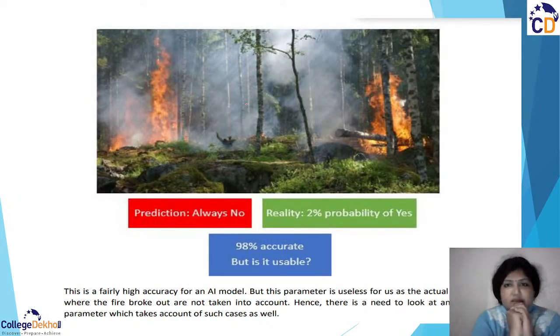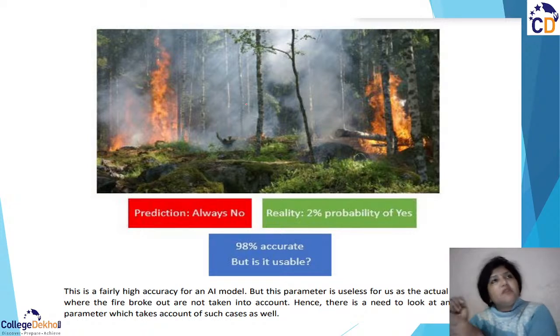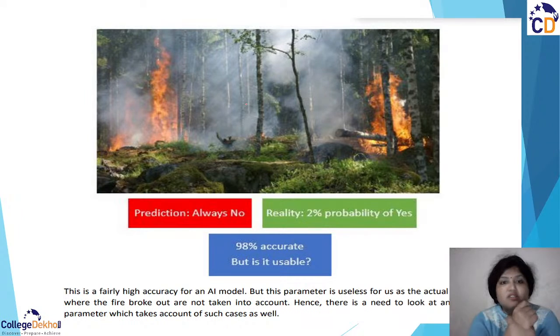Let us take an example. Prediction is always no, and in reality there is a 2% probability of yes. Accuracy is 98%, right? But is it usable? Let us see. This is fairly high accuracy for an AI model, and we may say 98% is an excellent model.